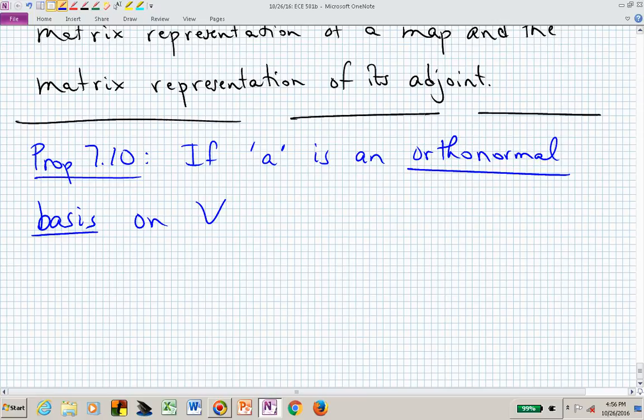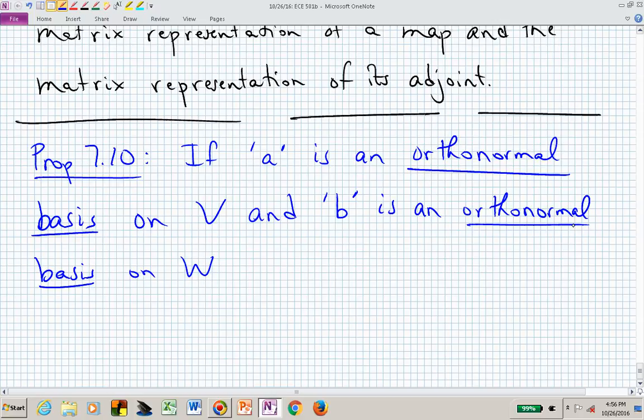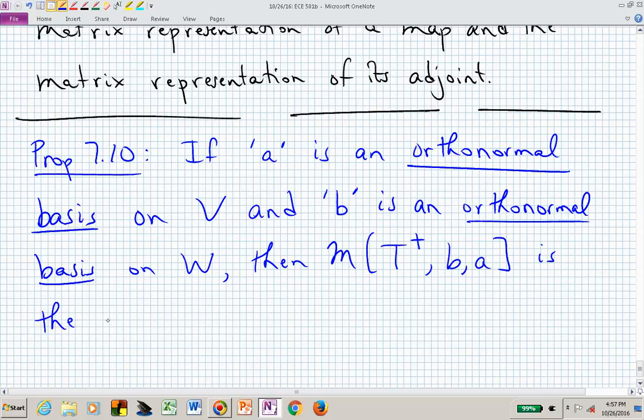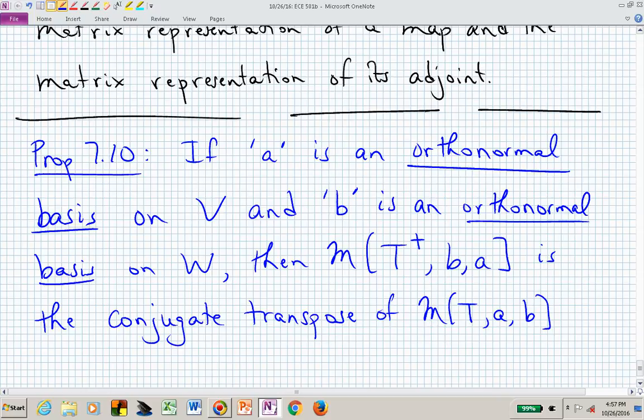So if A is an orthonormal basis on V and B is an orthonormal basis on W, then the matrix representation of T dagger from an orthonormal basis B to an orthonormal basis A is the conjugate transpose of the matrix representation of the linear map T from an orthonormal basis A, that's the basis of our input vector space, to a vector space B, which is the output vector space.